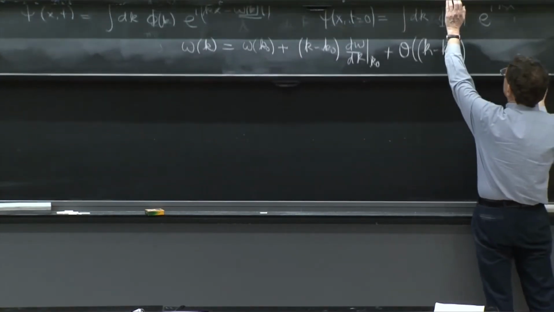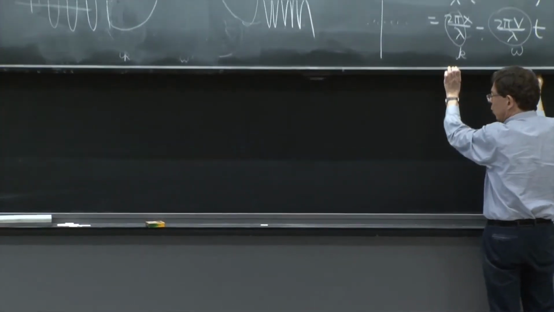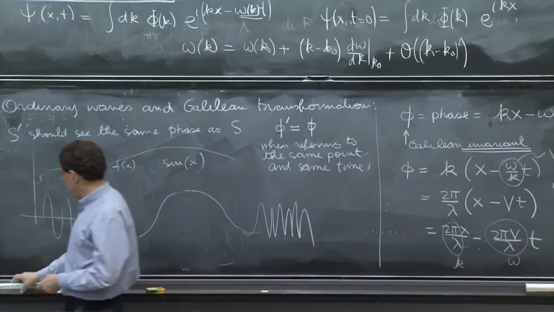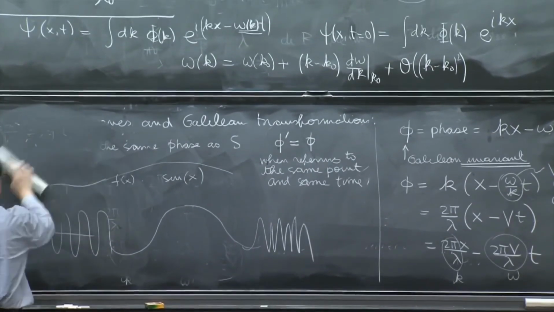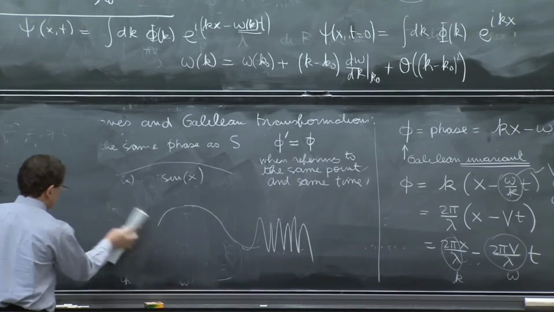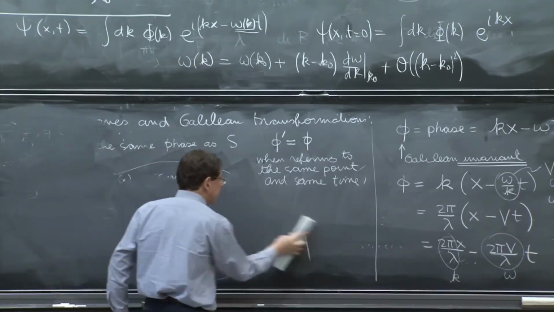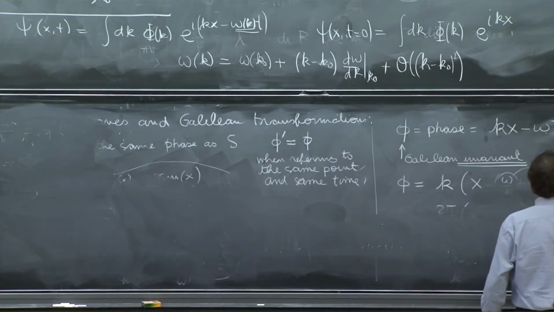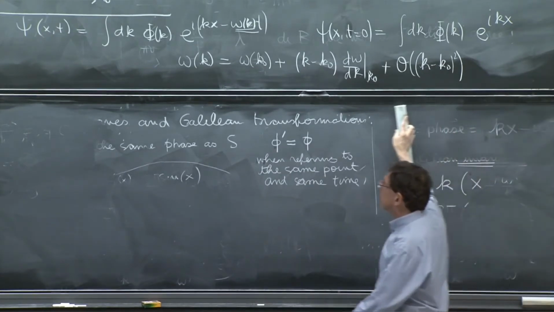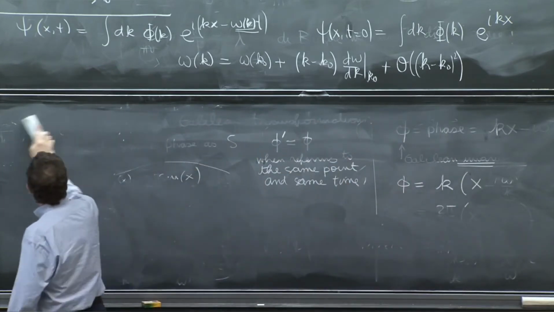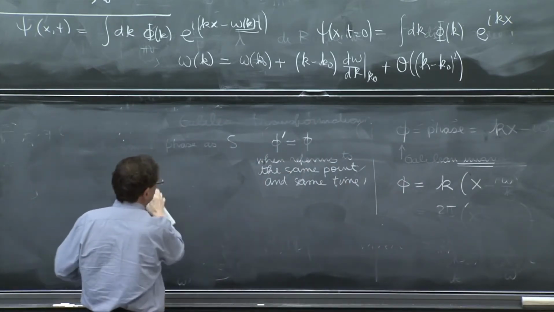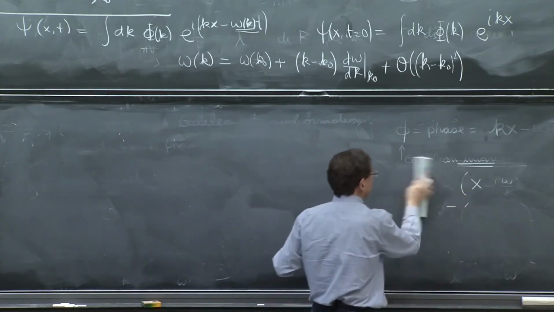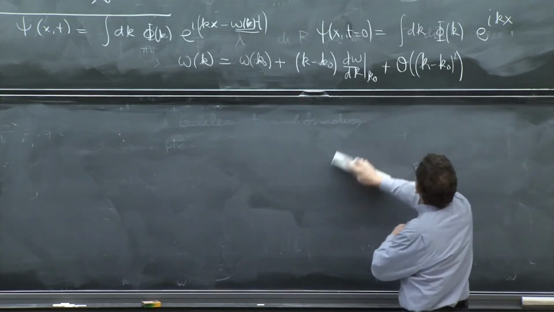So if I've expanded omega as a function of k, which is the only reasonable thing to do, k's near k naught are the only ones that contribute. Omega of k may be an arbitrary function, but it has a Taylor expansion, and certainly you've noticed that you get that derivative that somehow is part of the answer, so that's certainly a bonus.